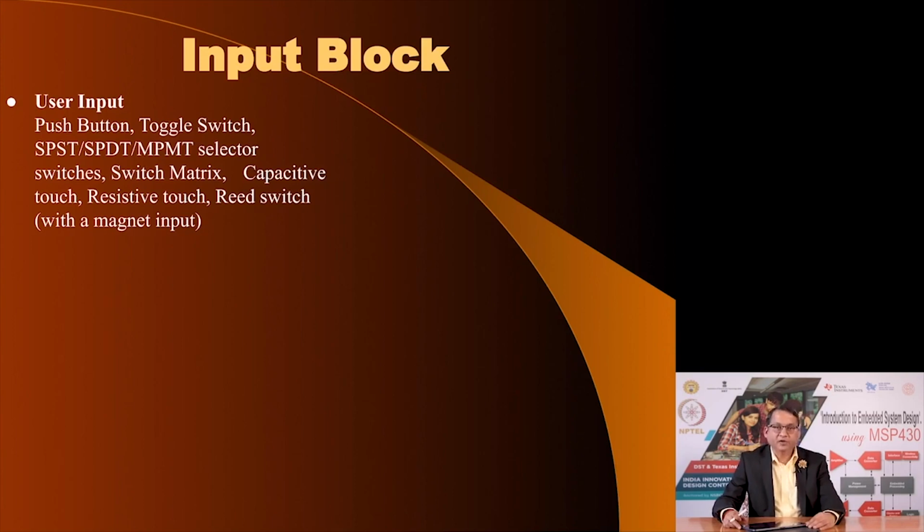You could have a matrix of switches. You could have a mechanism to interact with the system using capacitive touch, like I am doing with my pen here. You could have a resistive touch, which used to be available on older mobile phones. You could also use a reed switch to interact with the system using a magnet. These are the various options for the user to interact with the embedded system.